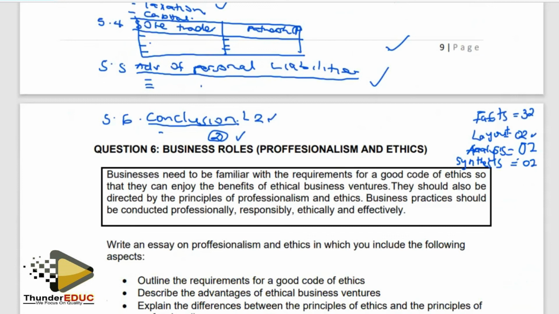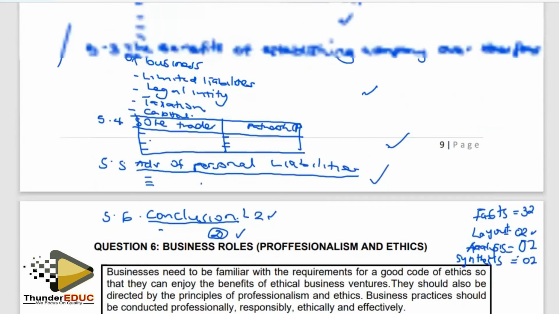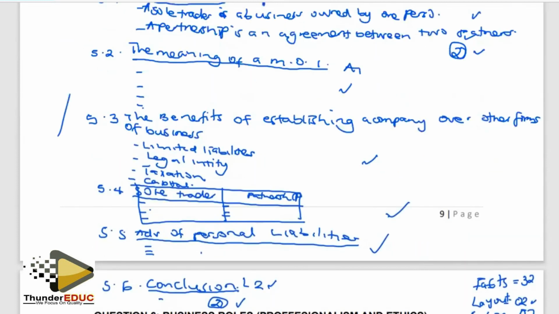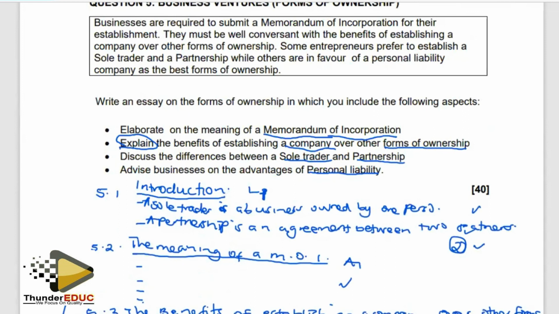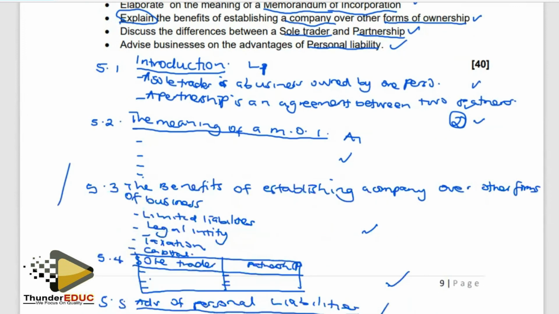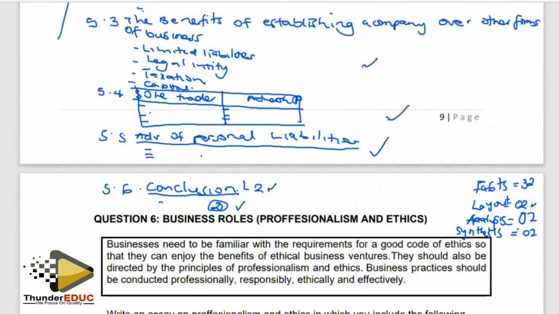The examiner will give you 2 marks if you have tried to answer correctly on the 4 questions that were given. If you gave all the headings right and you were able to give the answers as required, you get synthesis, 2 marks free.